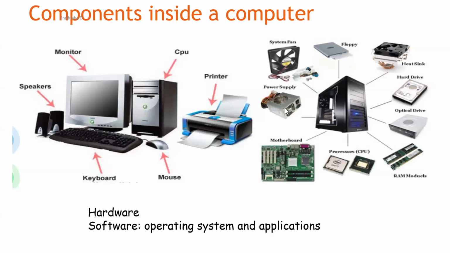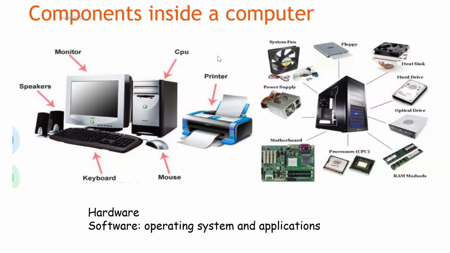For example, there is a power supply which provides power to all the components within. Then you have the hard disk, for storing the data. Then you have RAM. Then you have your central processing unit, that is your processor. Then the motherboard, which is the electronic circuit board where all the components are placed. So these are the different components inside a computer.